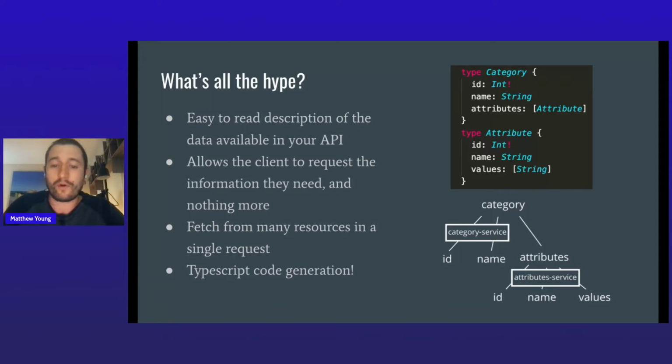And a more intricate schema type could require fetching from multiple data sources, and all those multiple data source fetches can happen all under the hood on a single GraphQL query request. So you can see a little demo there on the side. We got a category, call to category, which is grabbing some data from category service, some from attributes, all happening in one request.